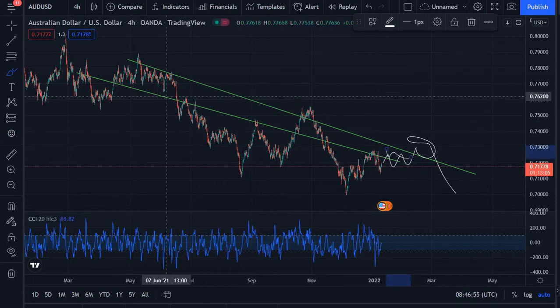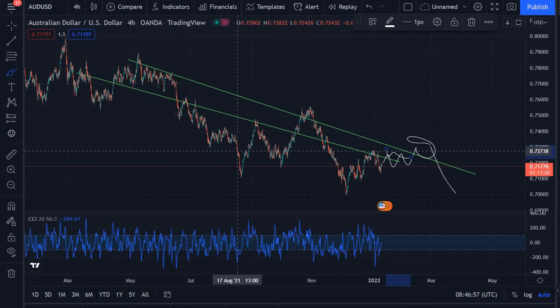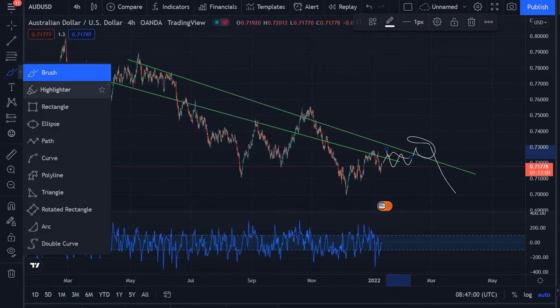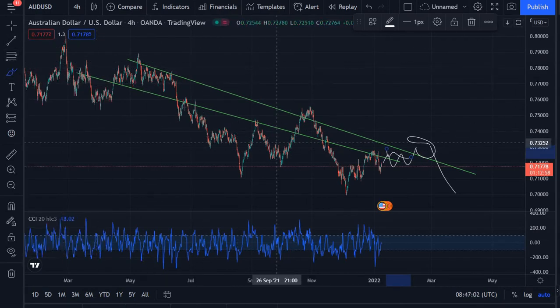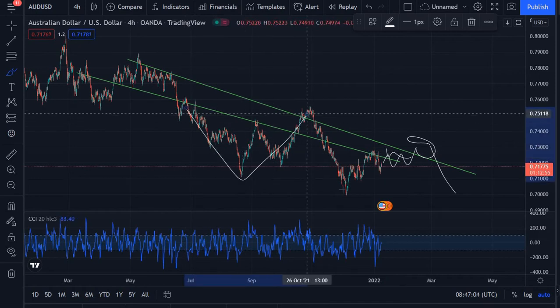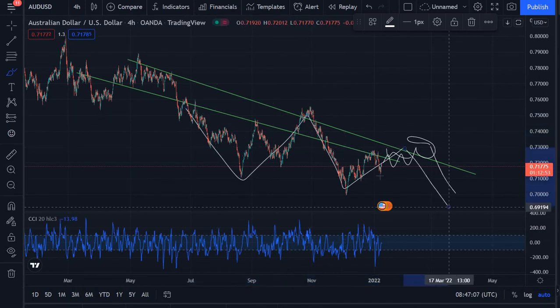But for now we are trading even below the second trend line here, pretty much forming lower lows, lower highs. So this would be the trend.